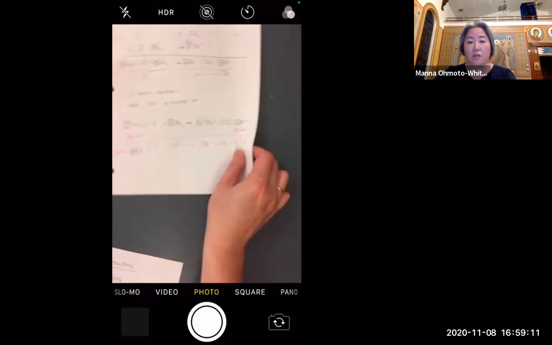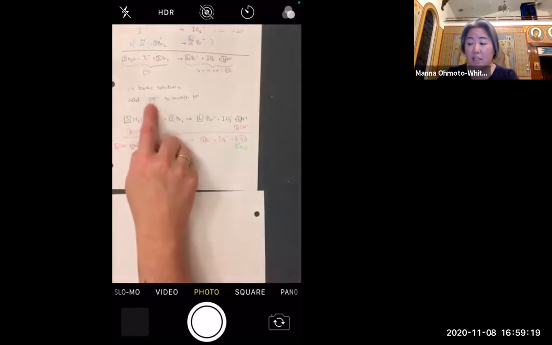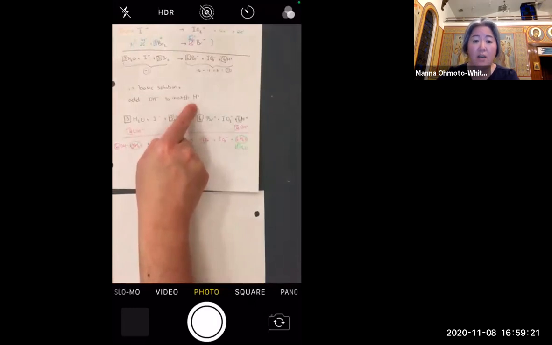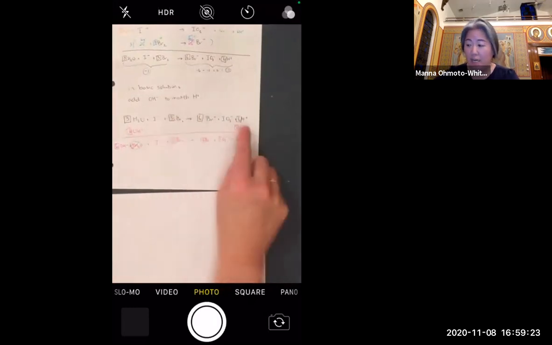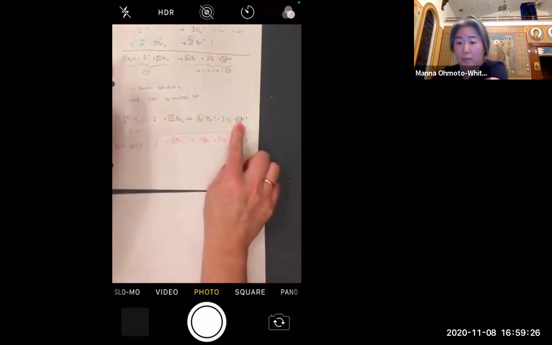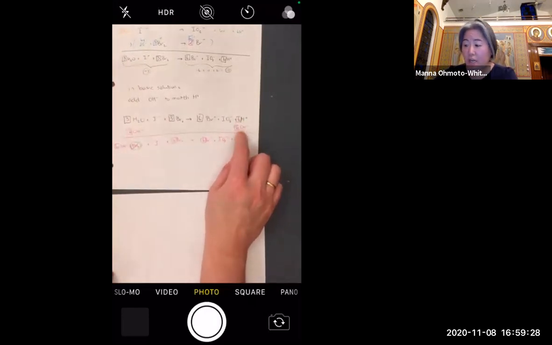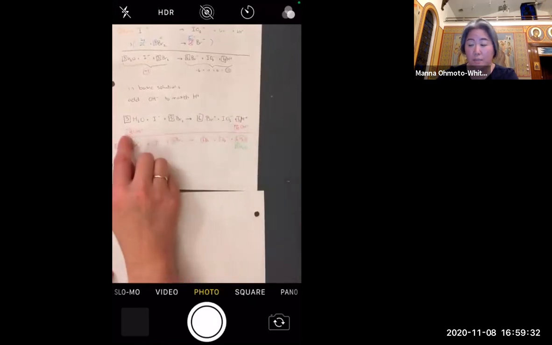Now, for honors, you can also have this in a basic solution. Anytime you have a basic solution, all you do is add hydroxide ions to balance out the hydrogen ions, and then you cancel out. So I have 6 hydrogen ions. This is from my previous reaction. So I have 6 hydroxide ions. So I add 6 hydroxide ions to both sides.